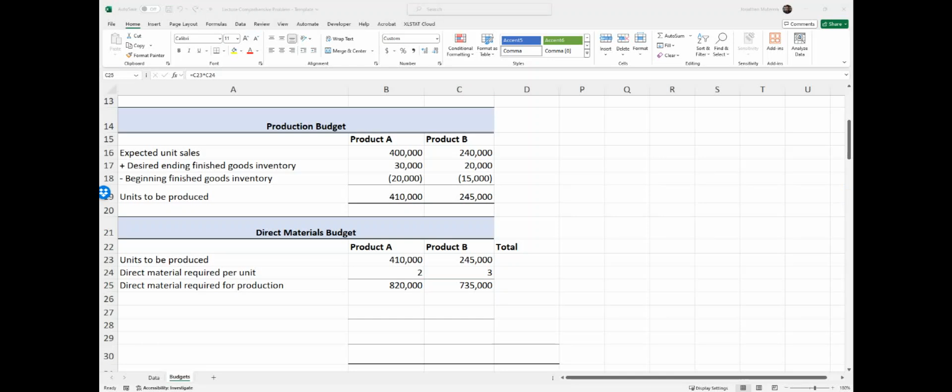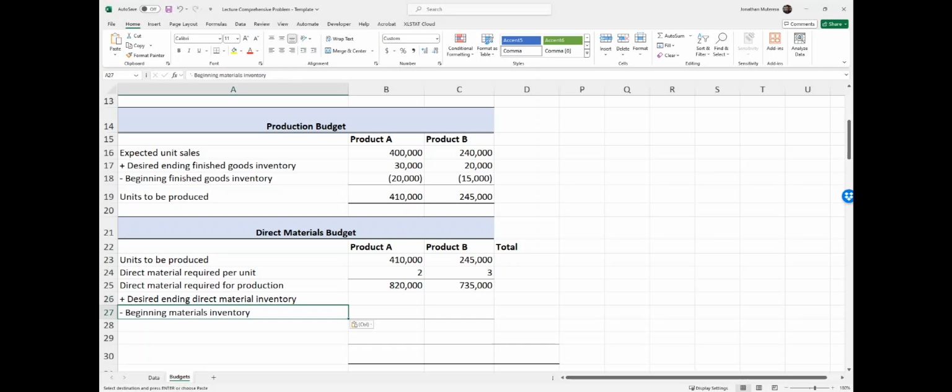Okay, so two pieces of information. How much direct material inventory do we need to hold on to so that we can start working? If we have any inventory of raw materials at the beginning, we need to subtract that, and that will give us what we need to go and buy in order to meet our production needs.